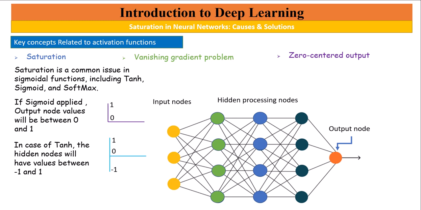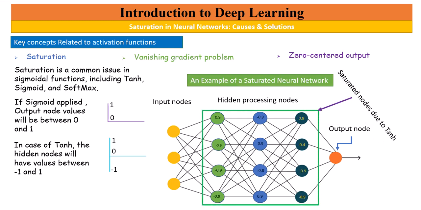A saturated neural network is one where most of the hidden nodes have values close to -1 or +1, and the output nodes have values close to 0 or 1, causing training to stop or progress very slowly. So far, we have developed a clear understanding of saturation.